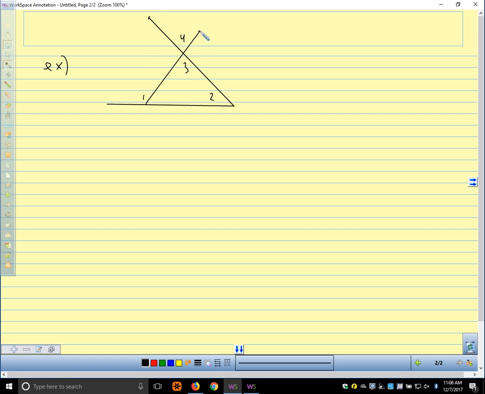And we want to know, how do the measure of angle 1 and the measure of angle 4 compare? So we want to know, is angle 1 the same as angle 4, angle 1 smaller than angle 4, or angle 1 bigger than angle 4?